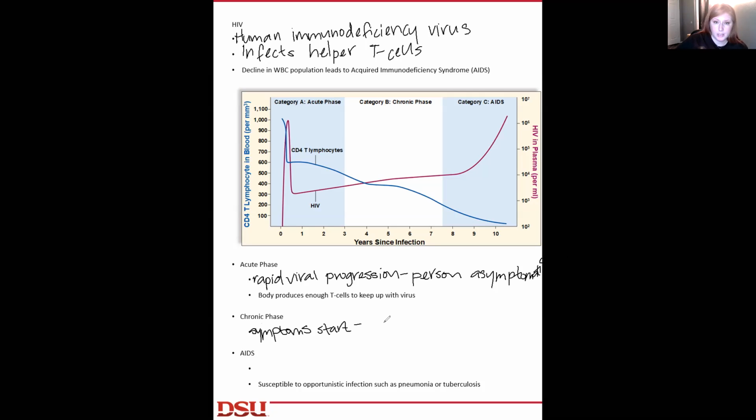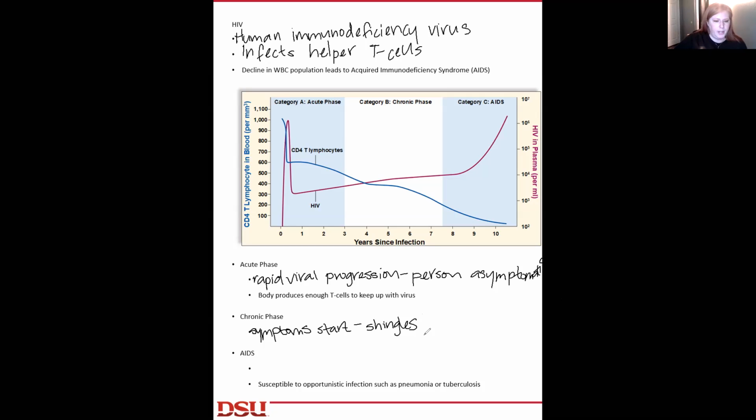Some of the common early symptoms associated with HIV include shingles, especially for those that have had the chickenpox virus or exposure to chickenpox, because again, that virus lives in the host and just kind of goes dormant or latent until conditions are perfect for the virus to emerge again, and then it just comes out as a slightly different set of symptoms.